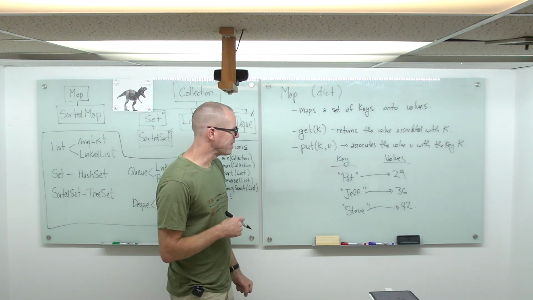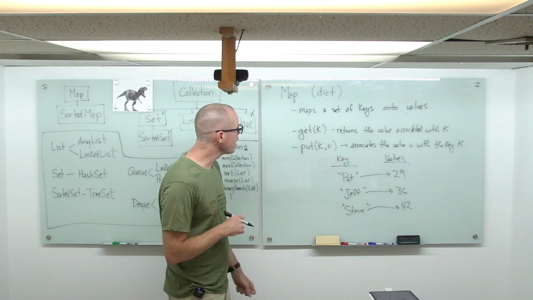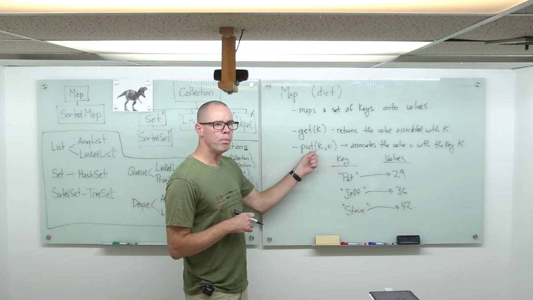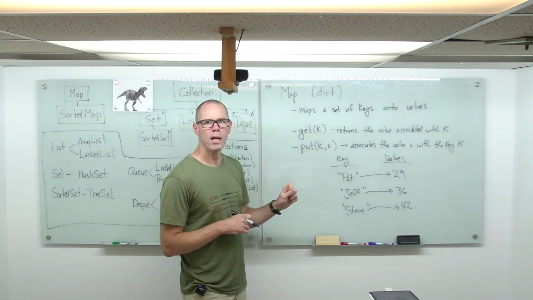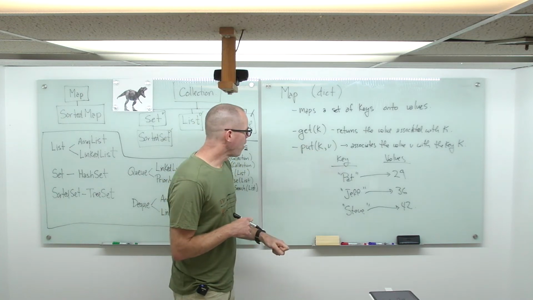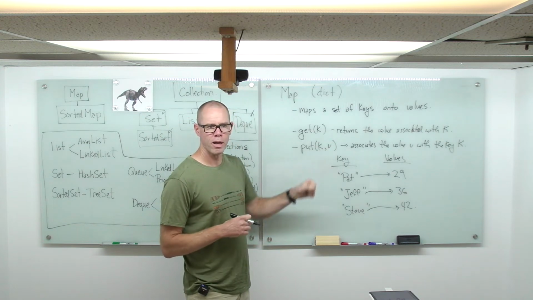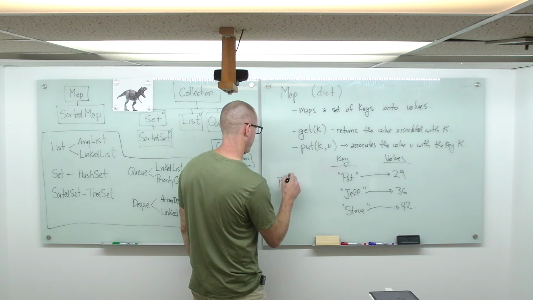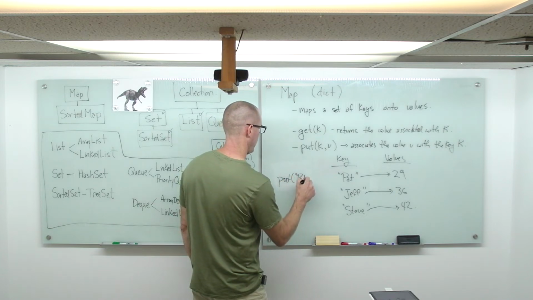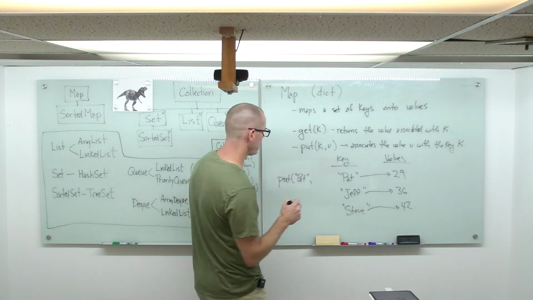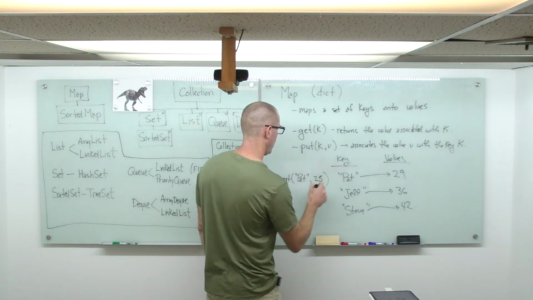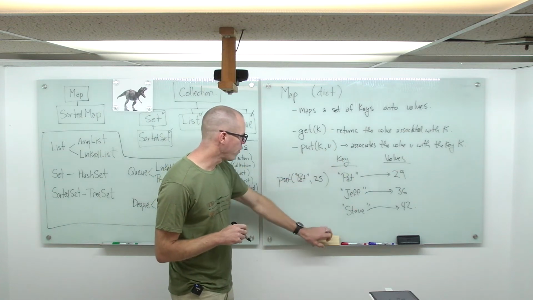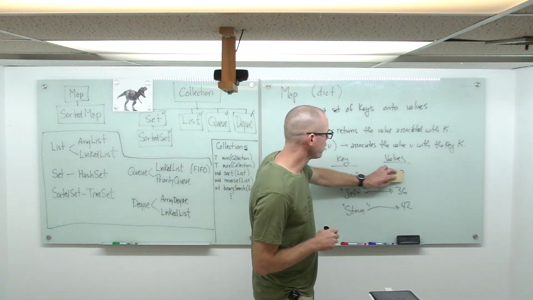Remember, everything is distinct in a set, so I cannot have two of the same keys. And how would that happen? Well, if I try to put the same key twice, all that happens is you're changing the value associated with that key. So if I did a pat put pat, someone says I look younger than 29. Let's say that that's true. If I have this particular map and I put 25 with pat, all that does is change the value.